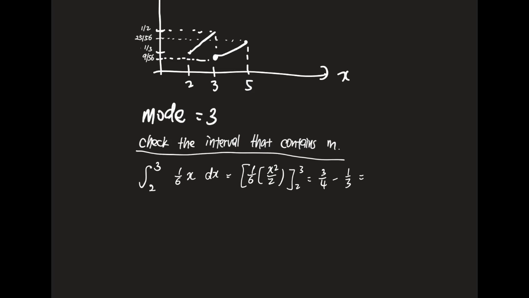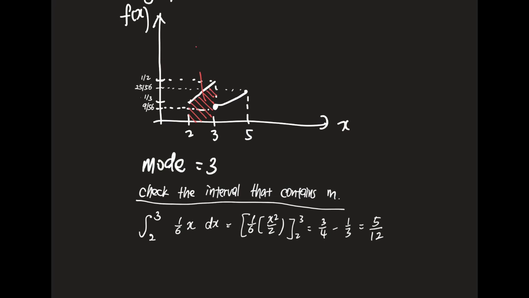So you imagine this area is 5 over 12. The other area no need to find one. We know straight away. 1 minus 5 over 12, 7 over 12. So where is median?